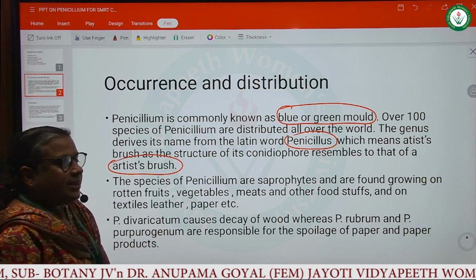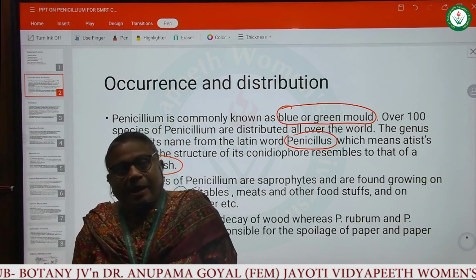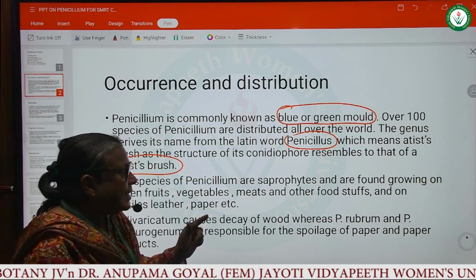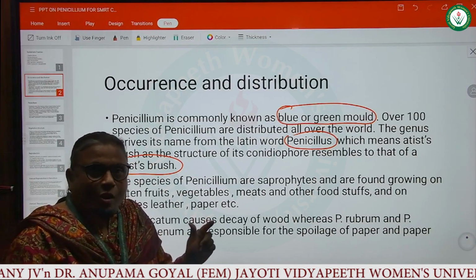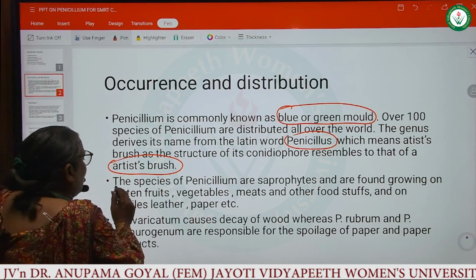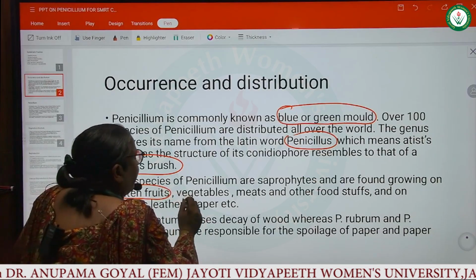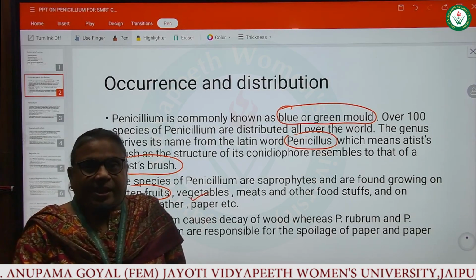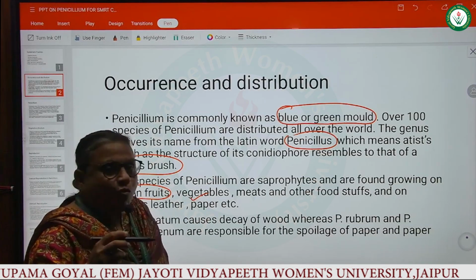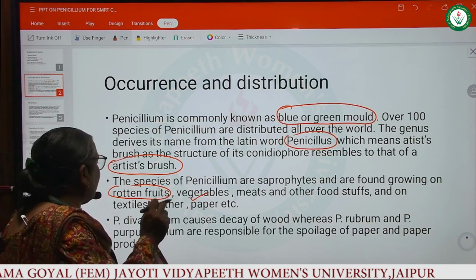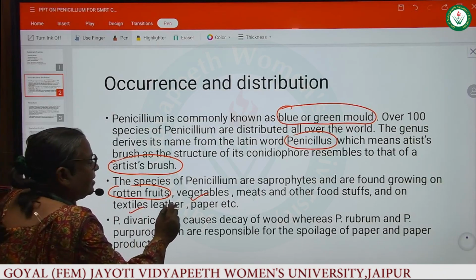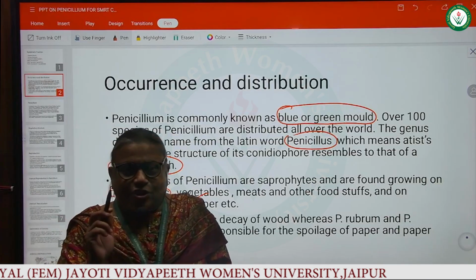The species of Penicillium are saprophytes, and they are found growing on rotten fruits, vegetables, meats, and other foodstuffs, and on textiles, leather, paper, etc.